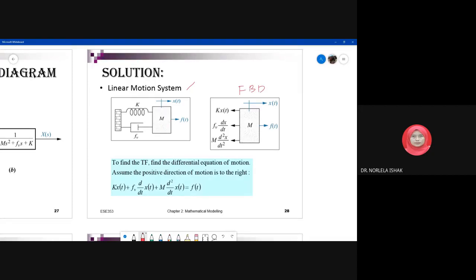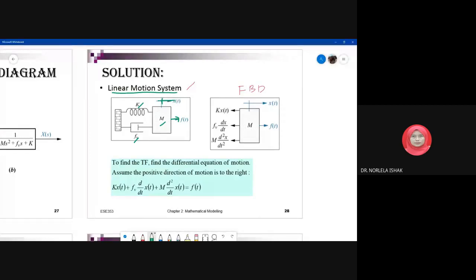So how do we label the free body diagram? From the linear motion system, you can see we have a spring, a damper, and a mass. We apply force f(t) in this direction, and this is the displacement, x is the displacement.